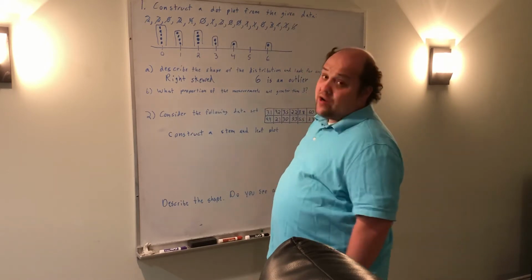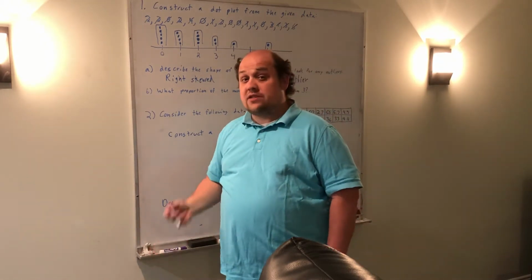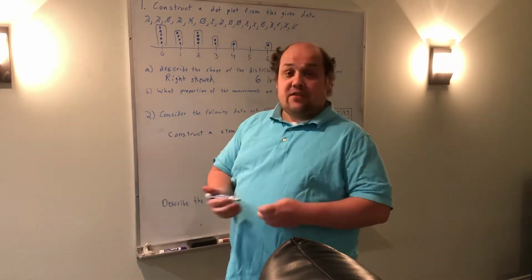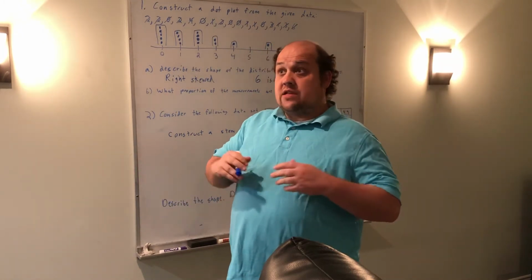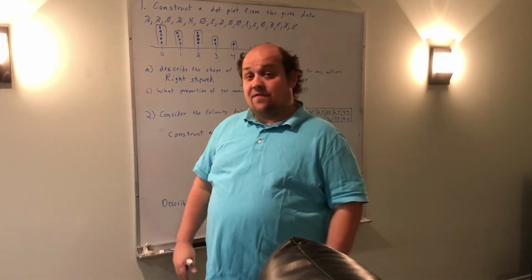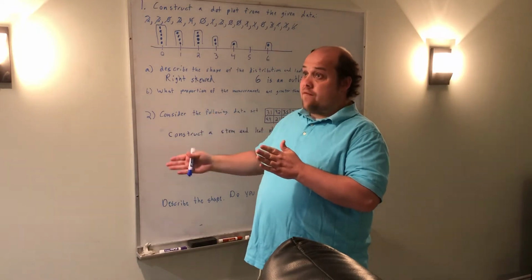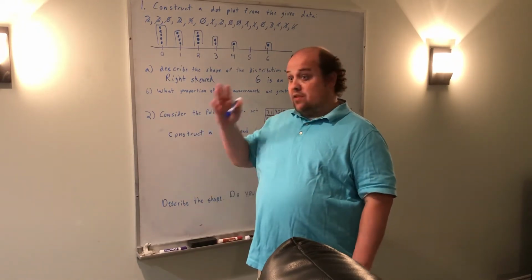There are different formal definitions for an outlier. There's times when the book says an outlier is anything that's more than 2 standard deviations away from the mean. There's times when we're using box plots, they define an outlier as being more than 1.5 interquartile ranges from the 3rd quartile.